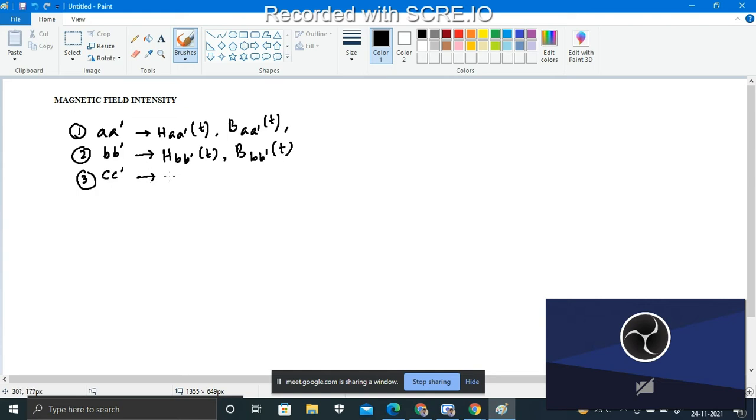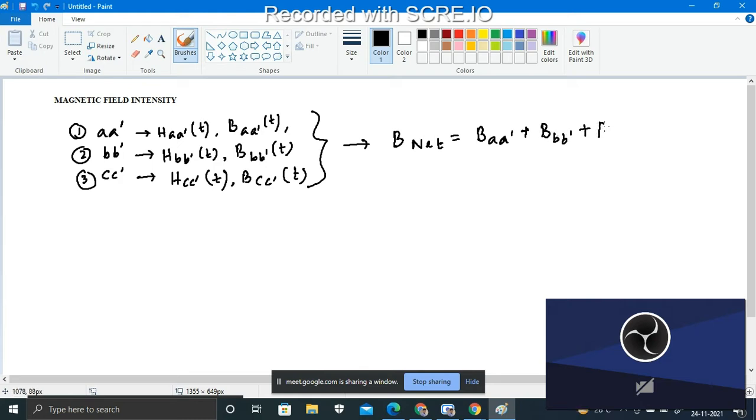For the coil C dash, we found H of C dash t and B of C dash t. From there we calculate B net, that means the total magnetic field, which is the addition of B of A dash plus B of B dash plus B of C dash.